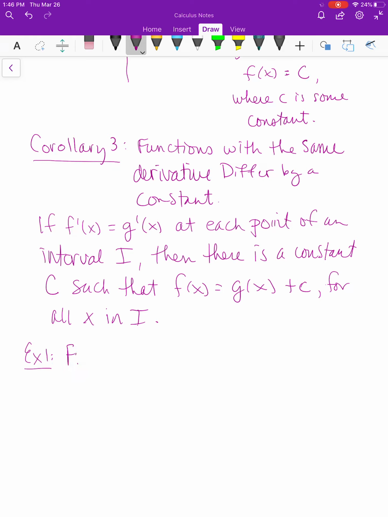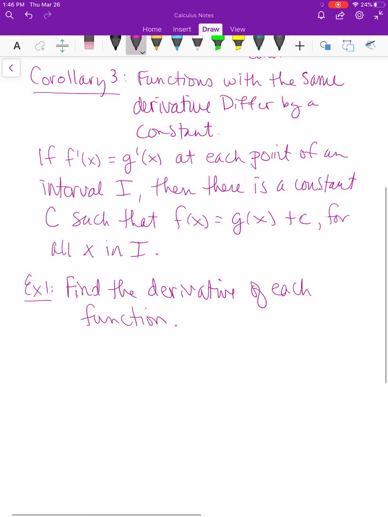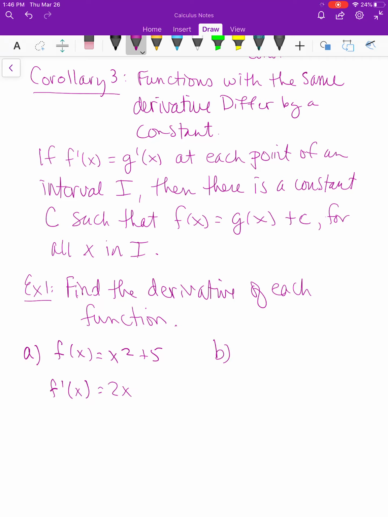Okay, so our example number 1, find the derivative of each function. So I'm kind of going back to finding the derivative, but then we're going to talk about what if you were given only the derivative. So if we find the derivative of f of x equals x squared plus 5, this would be f prime of x equals 2x.